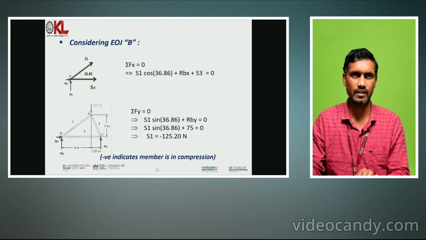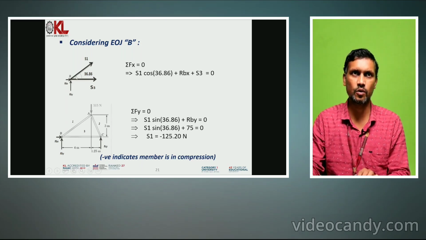Before that, they are acting at an angle. How much is the angle? For that, we will apply some mathematics, Pythagoras theorem or whatever. Distances are given here, vertical and horizontal. Apply those and get the angle. Here we are getting angle 36.86.